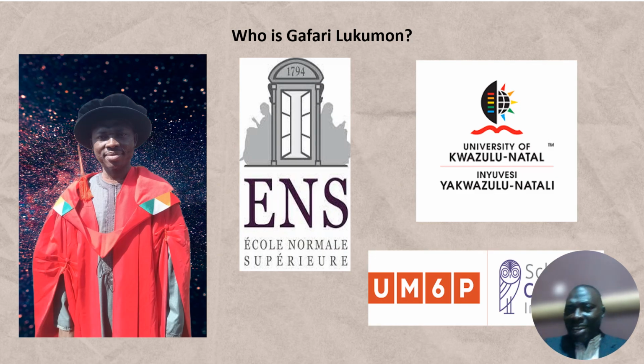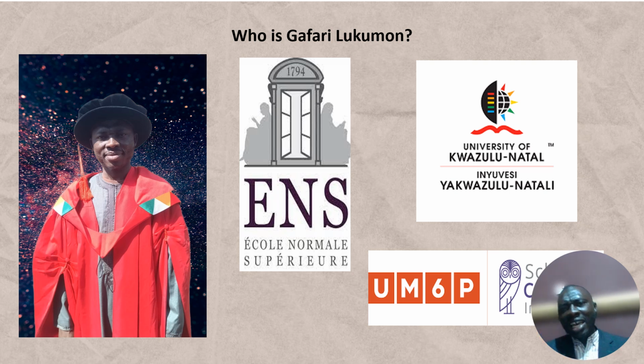My name is Dr. Gafari Lukuman again. I'm a scholar engaged in the field of mathematics and cognitive science. It might interest you to know that I completed my first PhD in mathematics at the University of KwaZulu-Natal in South Africa, where I specialized in numerical analysis. My topic was the numerical solution of the Klein-Gordon equation in unbounded domains.